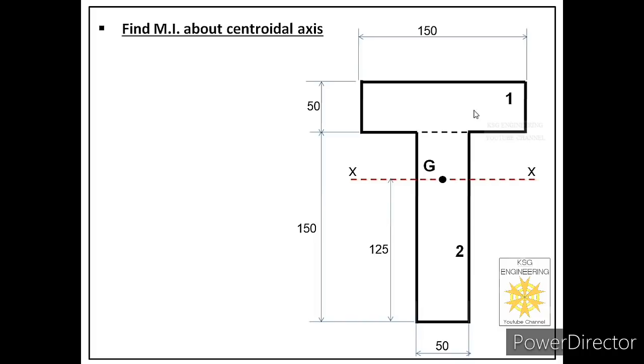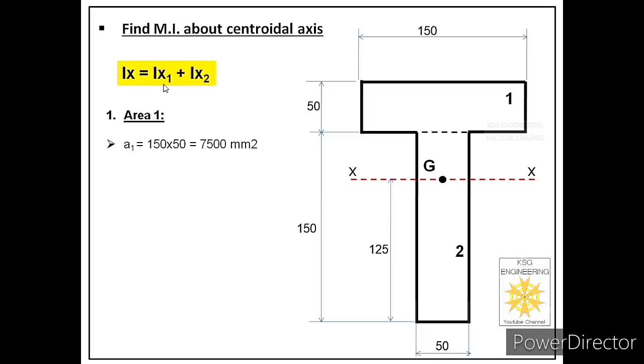When we add those two moments of inertia, we get the moment of inertia of the composite area about the main axis. So the moment of inertia of the composite area about the main axis, that is Ix, will be equal to the sum of the moments of inertia of these two areas, that is Ix1 plus Ix2.